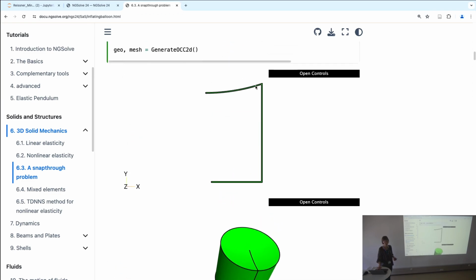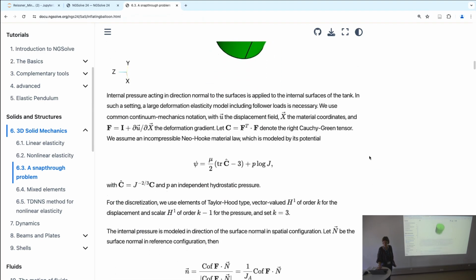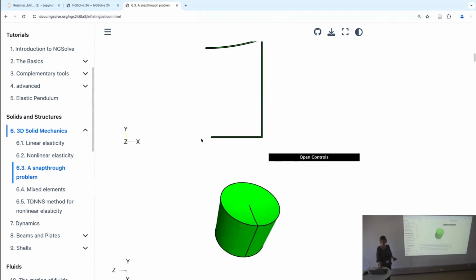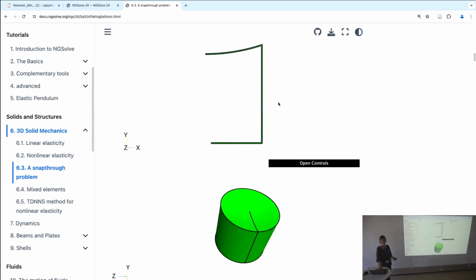So we do the computations in 2D because it's much cheaper on an axisymmetric mesh. What do we have to keep in mind? So one thing is hydrostatic pressure is always acting in the direction of the surface normal, but not the surface normal you see here in the undeformed configuration, but the surface normal which you have at the actual, deformed state.